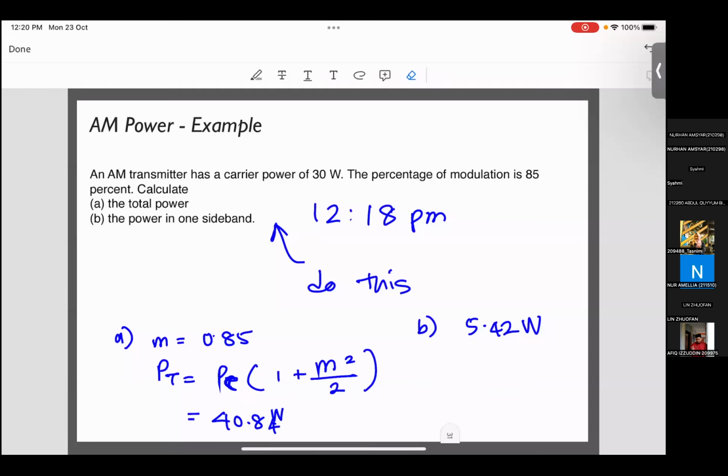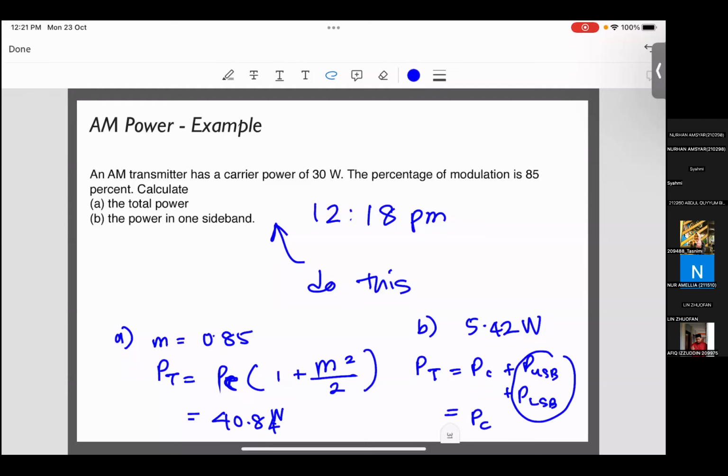So what Emilia did was, we know that the equation for PT is PC plus PUSB plus PLSB. PUSB and PLSB have the same power, which means you can combine these two and write this as PC plus 2 PSB.